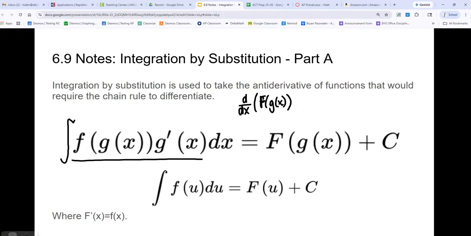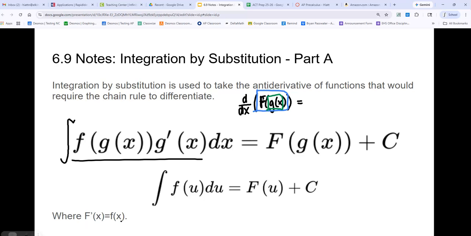And in this case, the derivative of capital F is lowercase f. So if I am doing this problem, my outside part is my capital F, and my inside part is my g of x, right? So if I'm taking this derivative, what is the derivative of capital F?